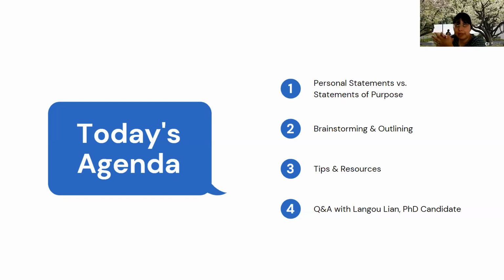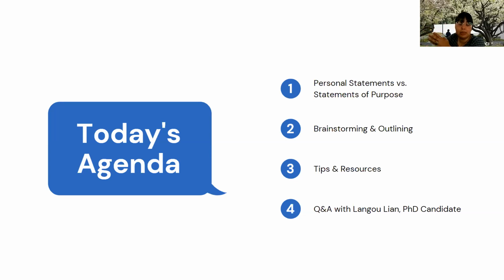But before I actually get into personal statements and statements of purpose, I just want to provide an overall foundation about graduate programs. So most likely why you're here at this webinar is because you are intending to apply to graduate school.